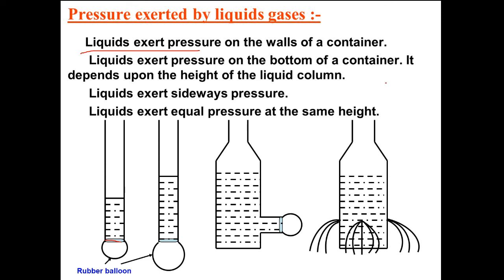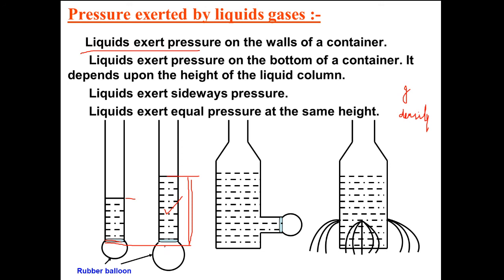One is gravitational acceleration g, about which we will learn in higher classes. Second is the density of the liquid. And third is height. See here, the liquid is up to this height in this container and up to this height in the other container. So here the height is more, so the pressure will be higher.